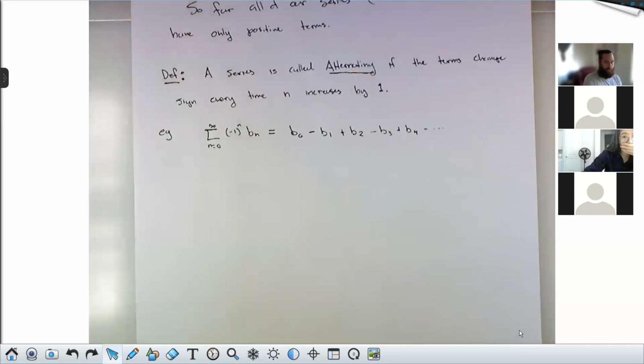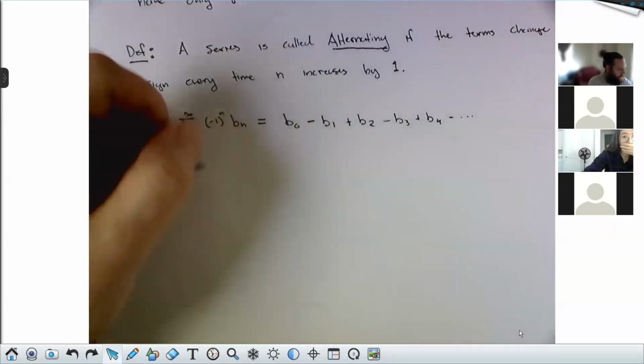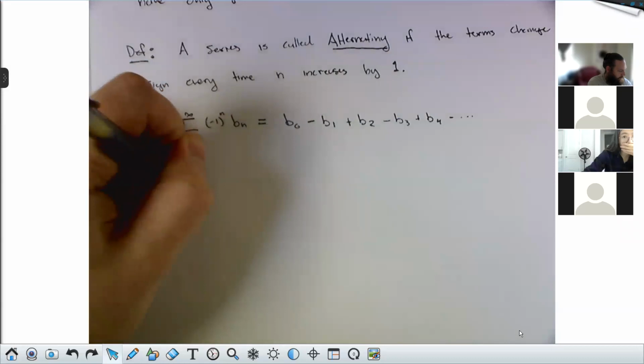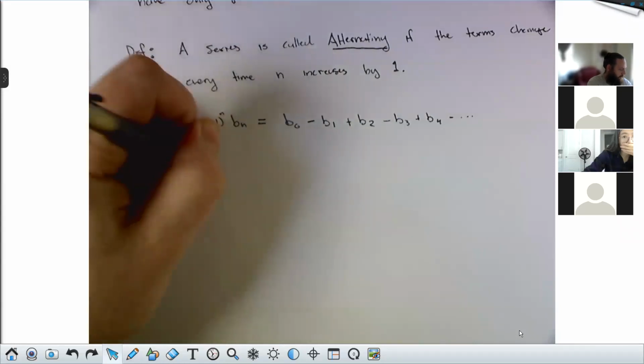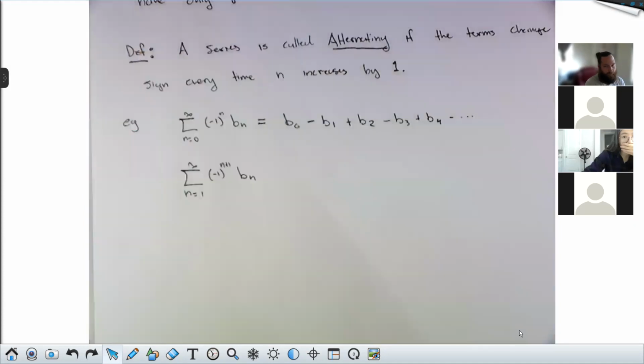Definitely, this is not the only way to write an alternating series. You will also see stuff like sigma n from 1 to infinity, (-1)^(n+1) times something.